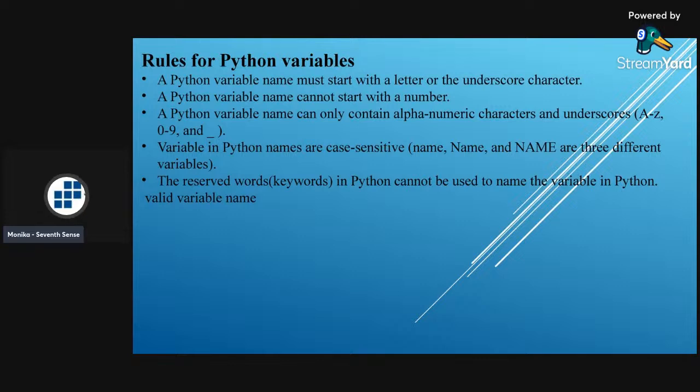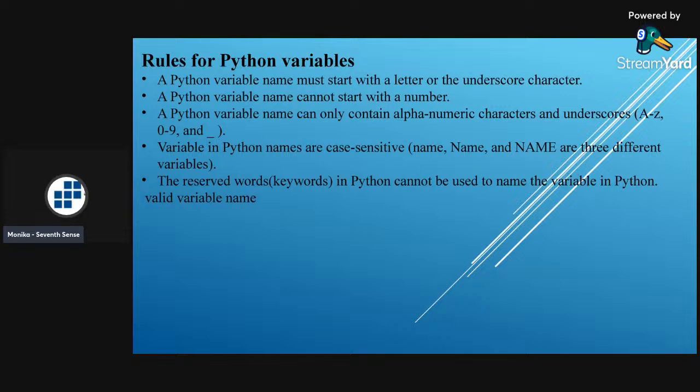Next, variable names in Python are case sensitive. See guys, in the braces I gave three different names: name, Name and NAME. These are three different variables, yes or no? My doubt is whether this name will be allocated once or thrice. The first name is in lowercase.